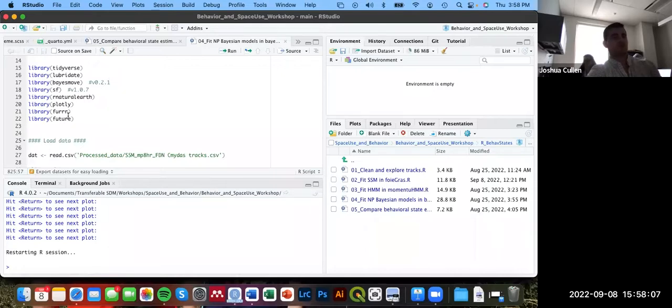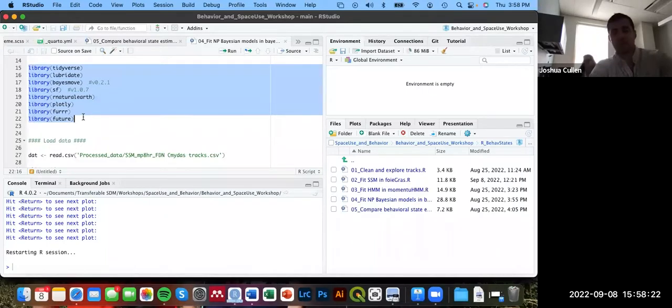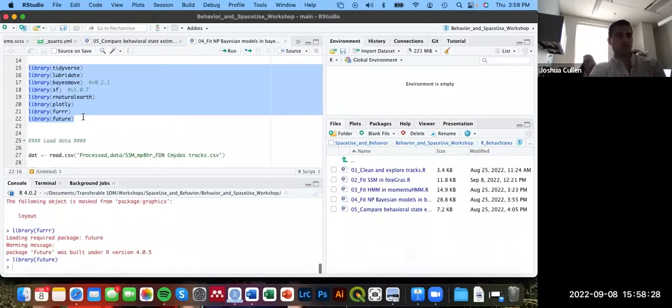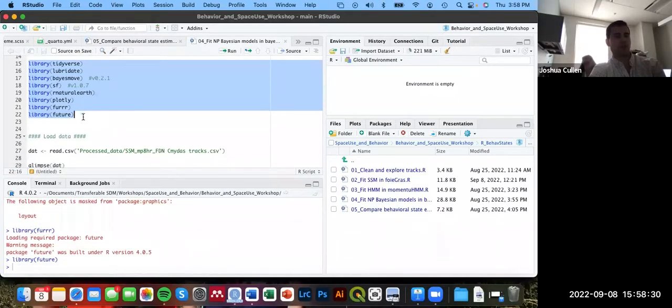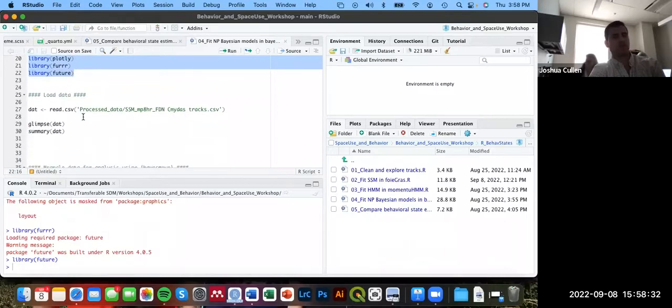And this is using the future package to do so. Since there are some other helper functions from the future package I want to use directly, I'm calling that in here as well. But this in general makes things run faster than they would otherwise, because they don't need to be done in sequence. They don't need to wait for one track to be finished being analyzed.